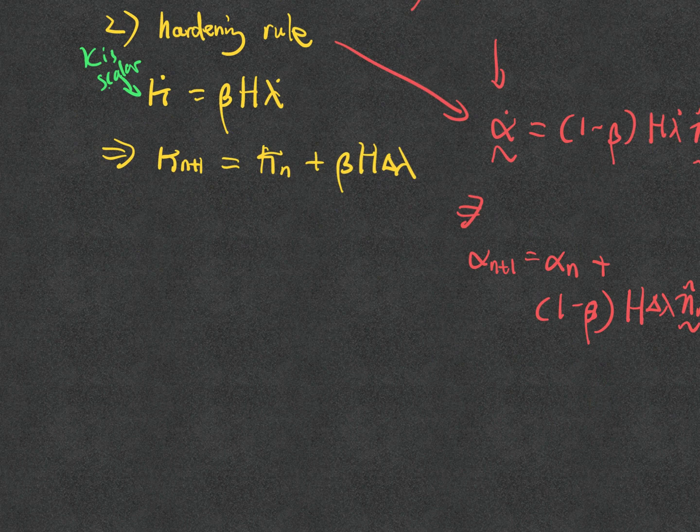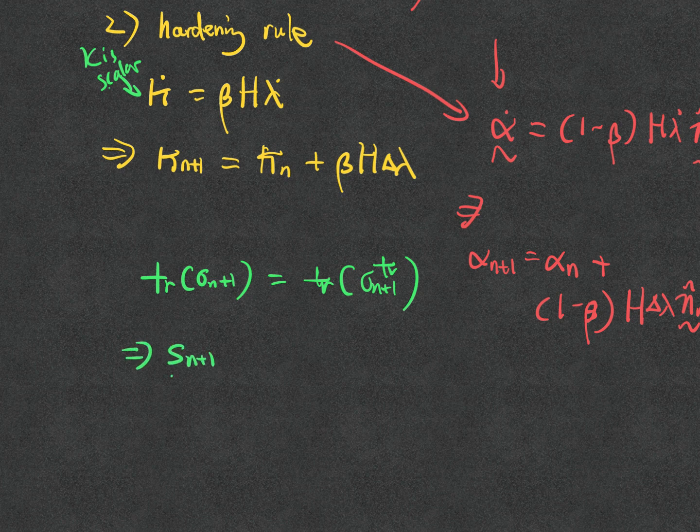Now, one thing that is very important for J2 plasticity, or in that sense pressure insensitive plasticity, is that the trace of sigma n plus 1 and the trace of the n plus 1 trial stress are actually equal to each other. Do you see what I mean? And the deviatoric stress is equal to the trial deviatoric stress minus the correction term.